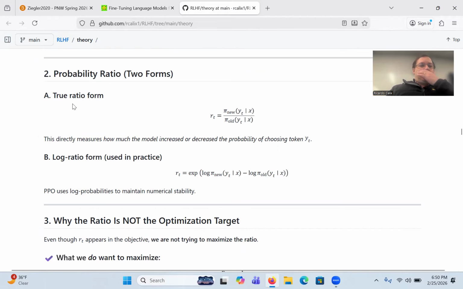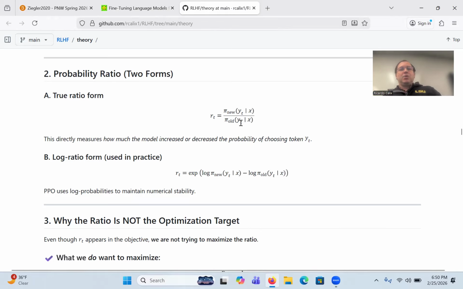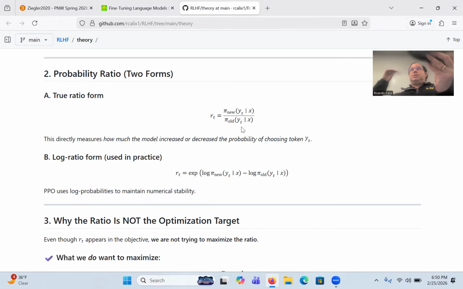So the true ratio form directly measures how much the model increased or decreased the probability of choosing a token, or a whole construct like a sentence or a phrase, okay? And I have an example for this, so we'll discuss this in a second. But it's a ratio of, here's the GPT, text goes in, text goes out, right?